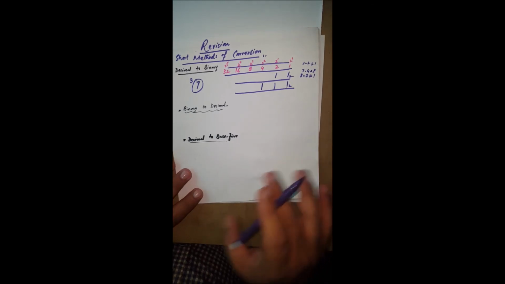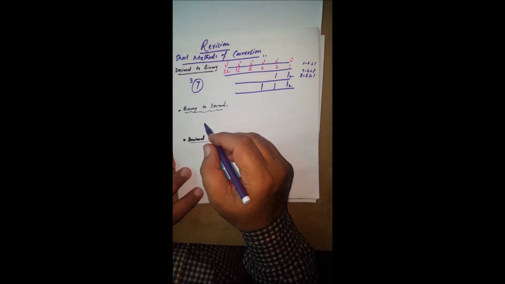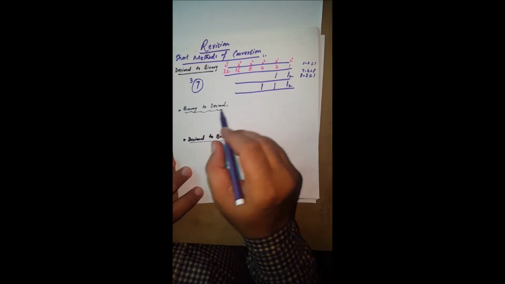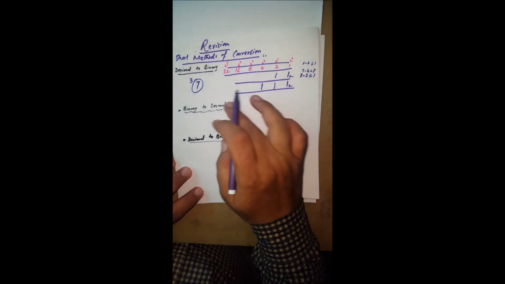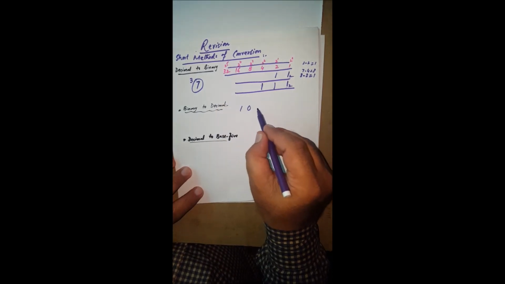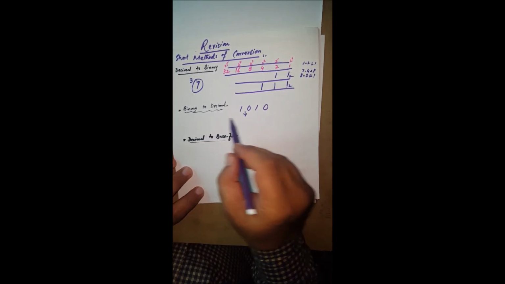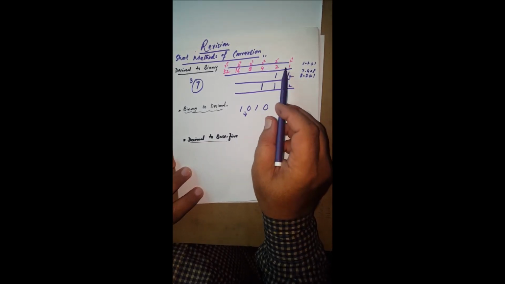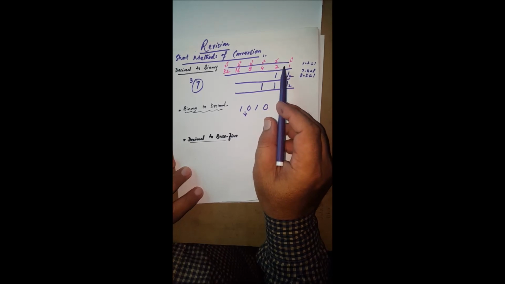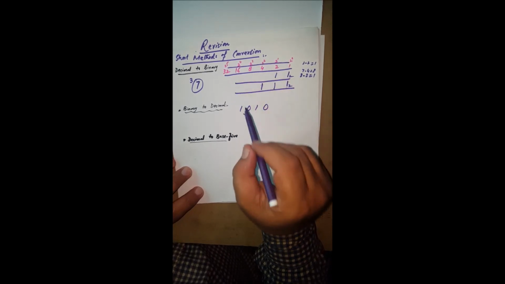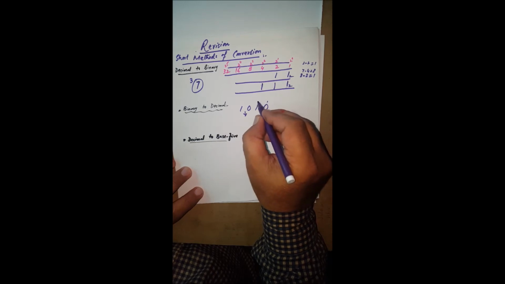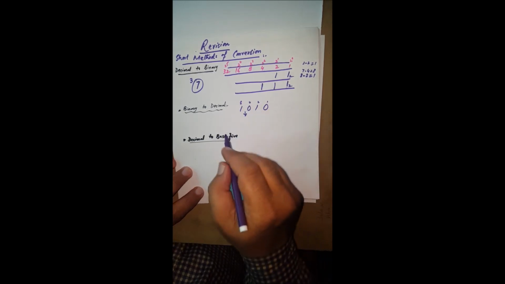Now next is binary to decimal. For example, the given number is 1010. We have to convert it into decimal. So we use these powers of 2: 1, 2, 4, 8, 16. We write here 1, 2, 4, 8.